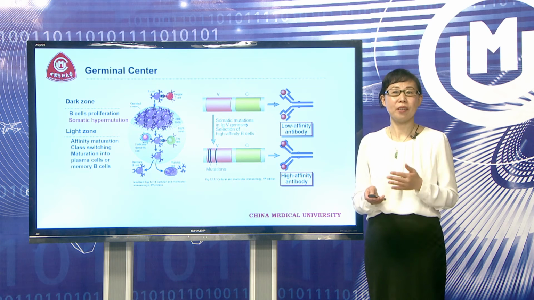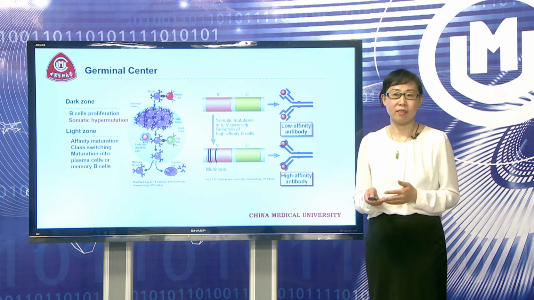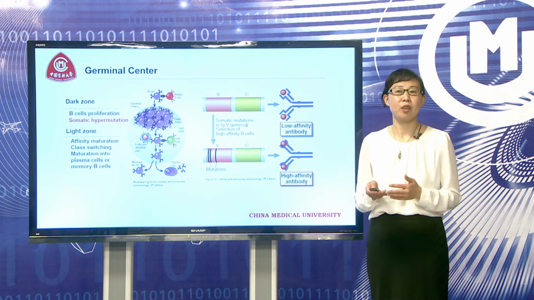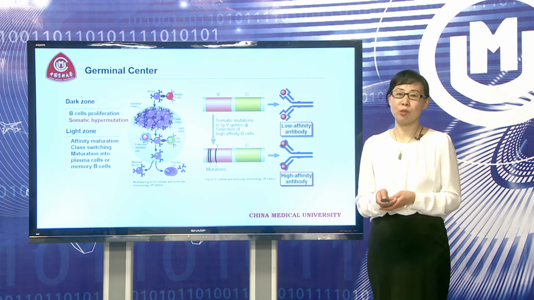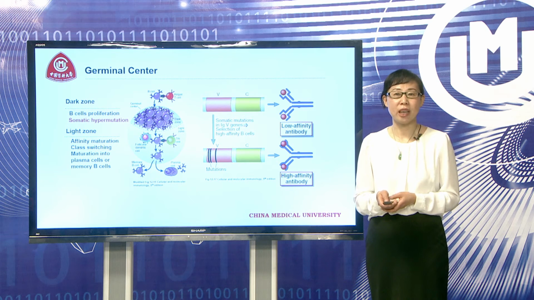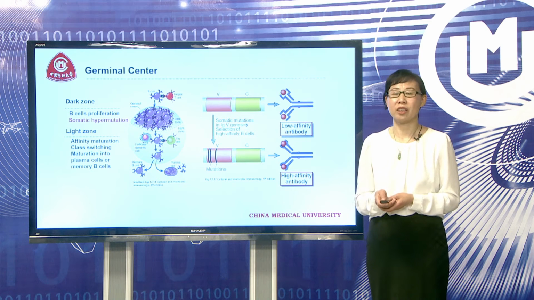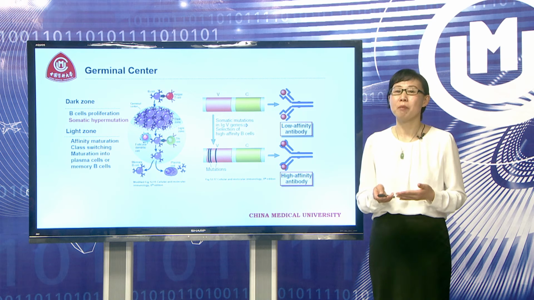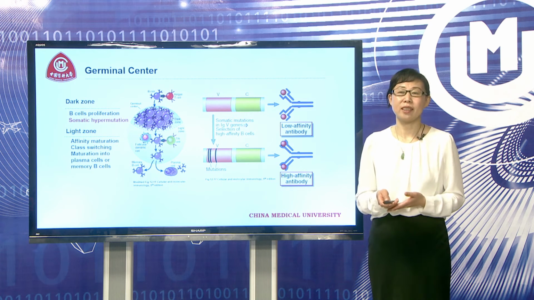B cells undergo several modifications in the germinal center that ensure it produces a more effective humoral immune response. These modifications include somatic hypermutation, affinity maturation, and class switching. And finally, B lymphocytes can grow into plasma cells or memory B lymphocytes.